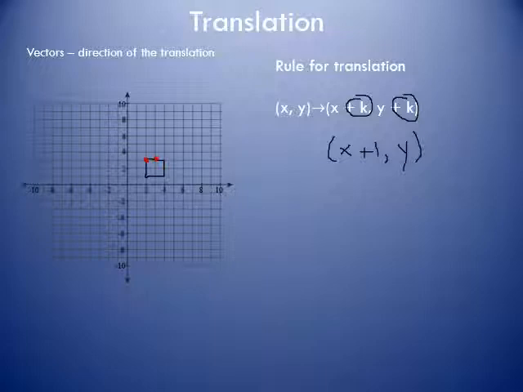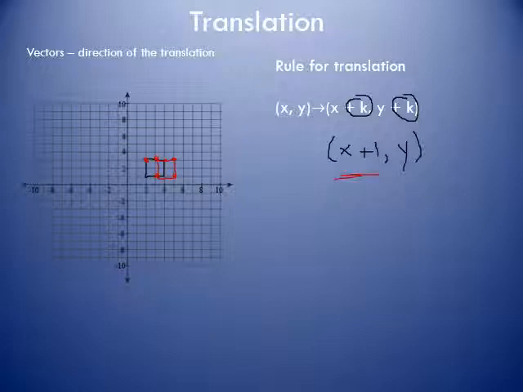And then for the next one over, this one is at 4, 3. So I'm adding 1 to the x value and leaving the y value the same. Notice it's just moving, in this case, over to the right 1.